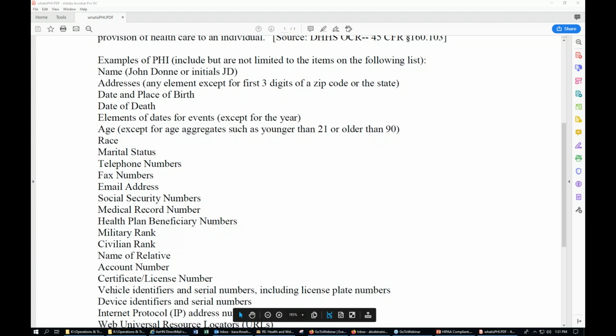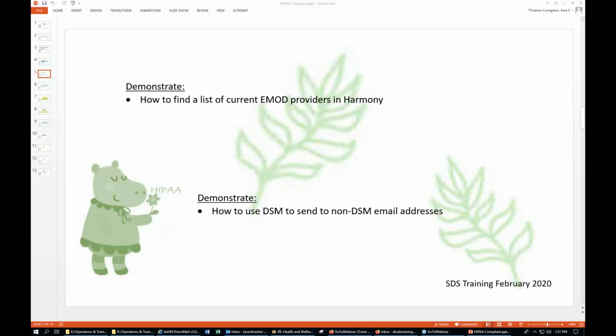So now that we have talked about PHI, I would like to demonstrate a couple things. The direction we're going is to talk about how to find a list of current EMOD providers, because as you know, your conditions of participation require a care coordinator who requests an EMOD to notify all EMOD providers.